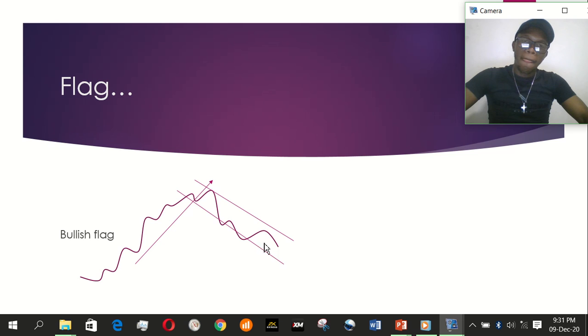Along the price movement, there has to be a breakout upwards, then the market will be bullish. So it is easy here. If you want to measure the take profit, you measure this part from here upwards. That's where you place your take profit.